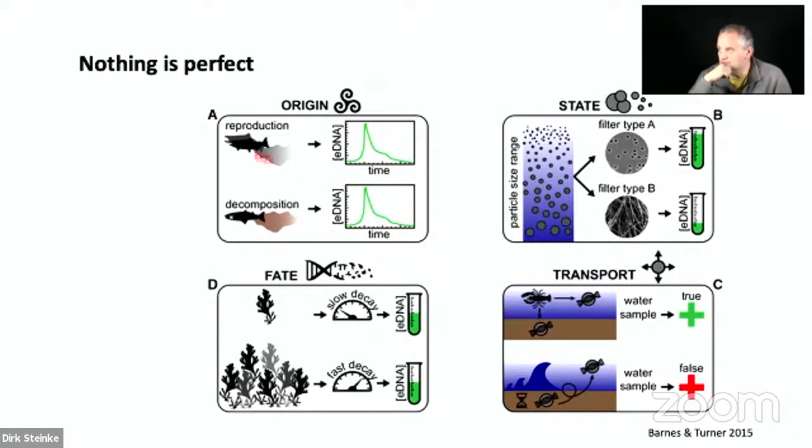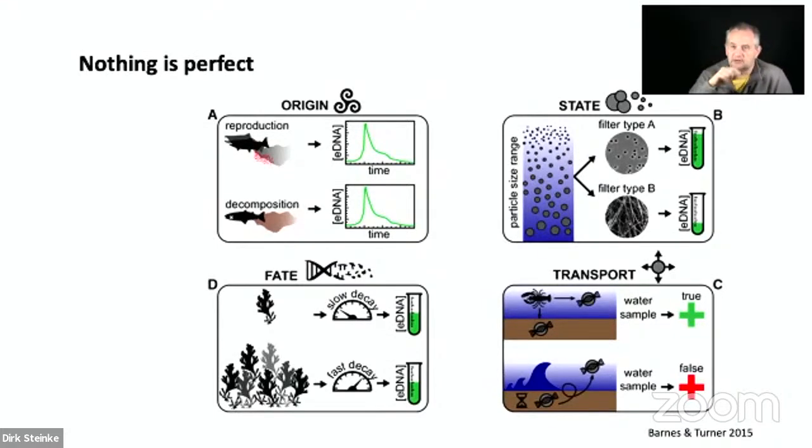And here are a few examples of how that can actually play out and ruin your result. Sometimes we don't know the sources of a peak in environmental DNA. The first picture on the upper left shows that you cannot distinguish between reproduction and decomposition when you see an eDNA signal.